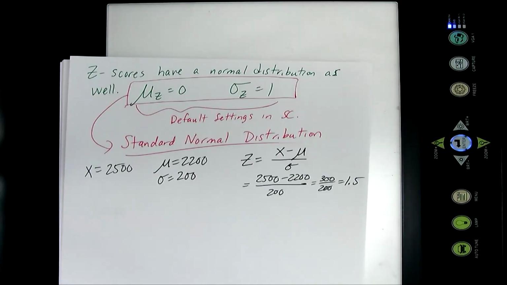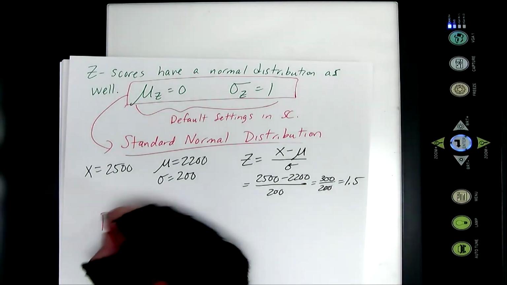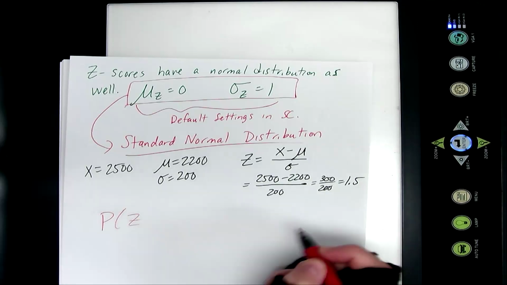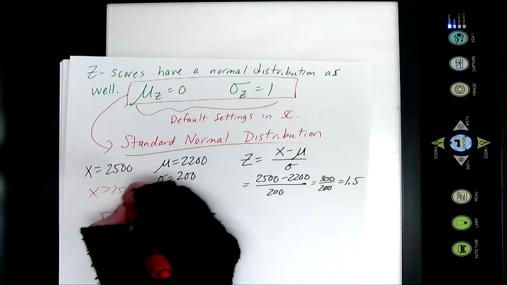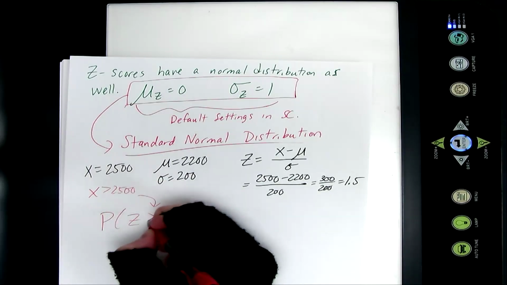So if we wanted to do the weight in StatCrunch, we would want the probability that X was greater than 2,500. This is going to be Z greater than 1.5.